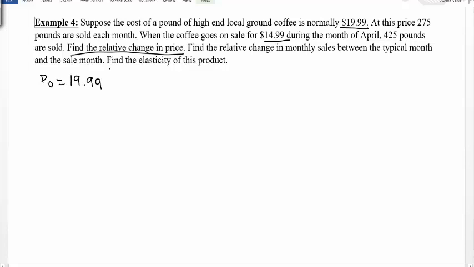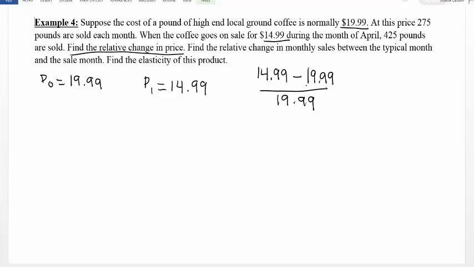The new price is the price that we have when it goes on sale. And so that price is going to be our $14.99. Putting those together in our formula, we get $14.99 P1 minus $19.99 P naught divided by $19.99 or P naught. So here again, we're going to very carefully crunch that number in our calculator.